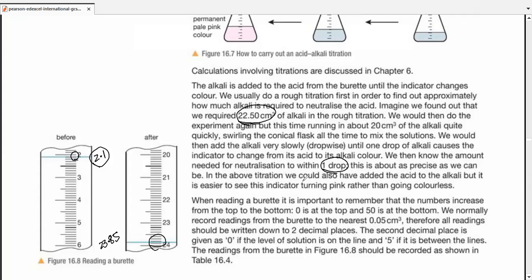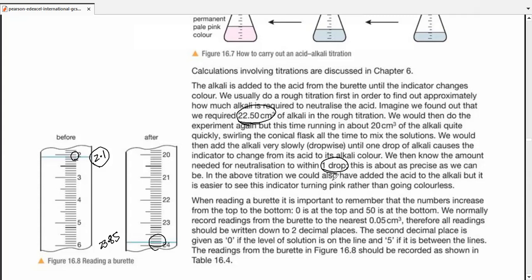So in the above titration, we could also have added the acid to the alkali, but it's easier to see the indicator turning pink rather than going colorless, as we were talking about phenolphthalein. So it's a little bit of a disadvantage to take it to colorless rather than to turn it to pink. So we try turning it pink.